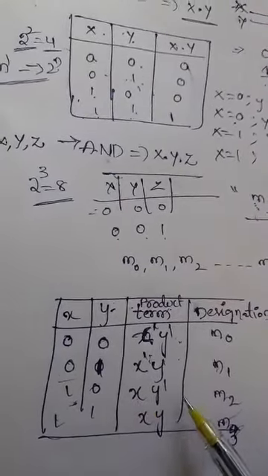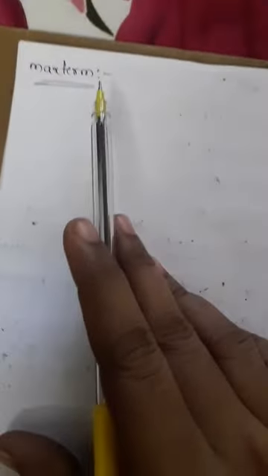Now we'll go for the maxterm. What is meant by a maxterm and how do we represent it? A maxterm is a similar procedure to the minterm, but it depends upon the OR term, that is OR logic.